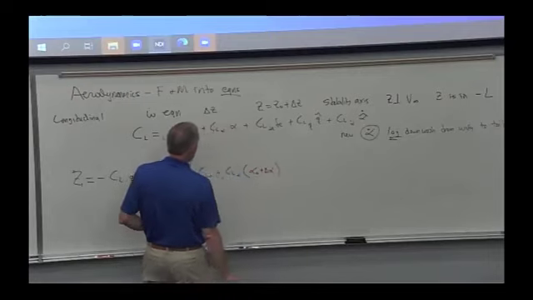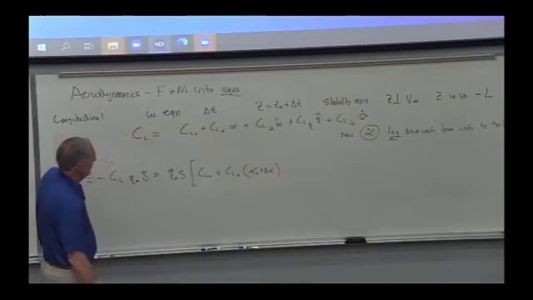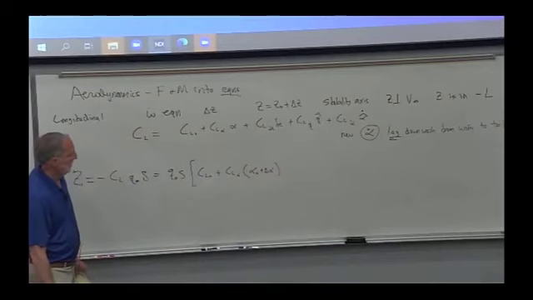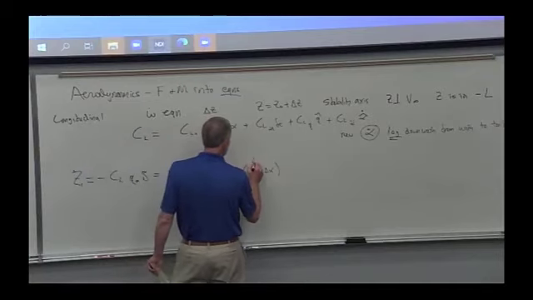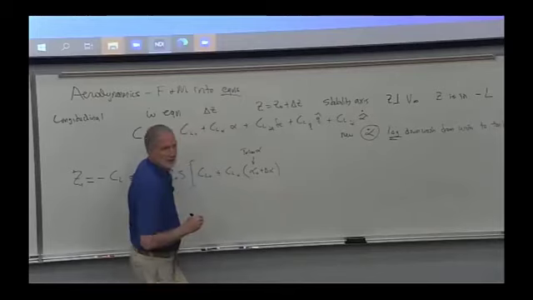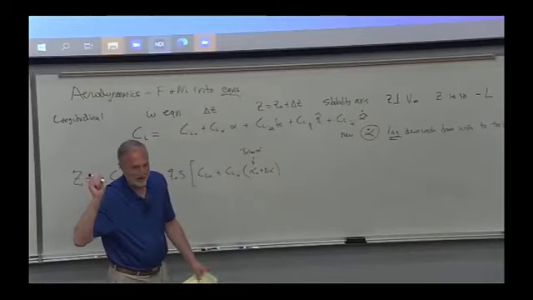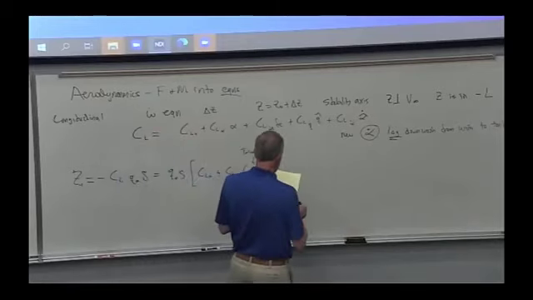And here's where we're going to write alpha as the steady state alpha plus the perturbation. So this is our trim alpha. We trimmed the airplane. We've done that since a long time ago.